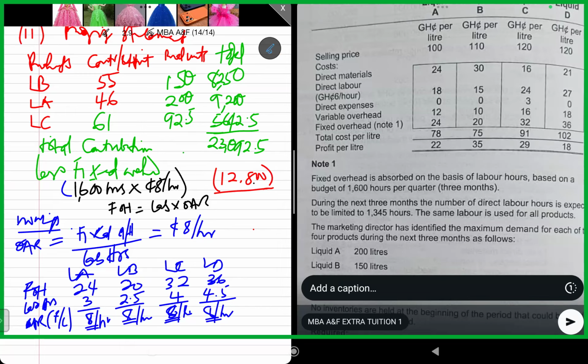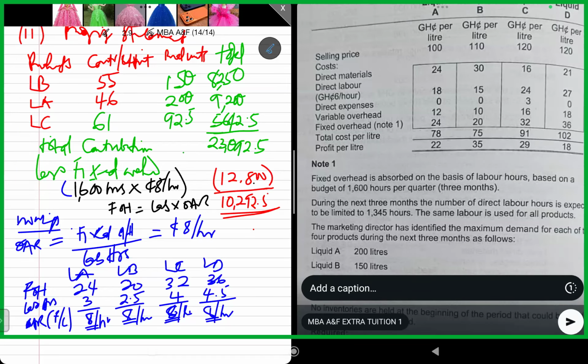Fixed overhead means indirect expense. So you have to take out the indirect expense, the overhead costs, from the contribution. What do we have? 10,292.5. This is the profit the question wants us to find.